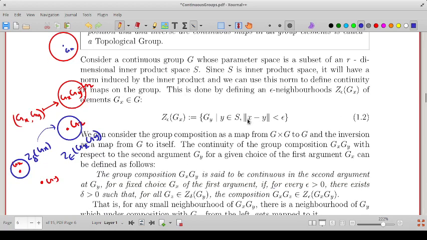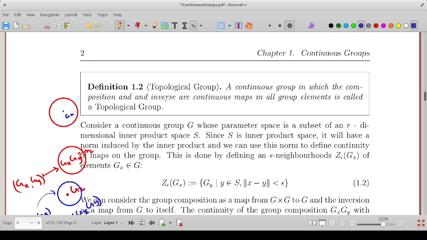So consider the composition map given by this, from an ordered pair of group elements to another group element. If this map is continuous both in the first argument and in the second argument, and the inversion map is also continuous, then such a group is called a topological group.